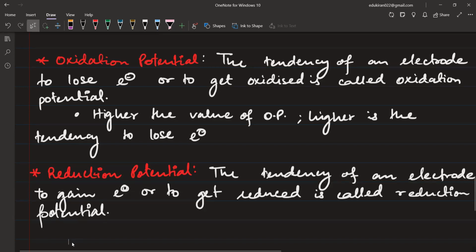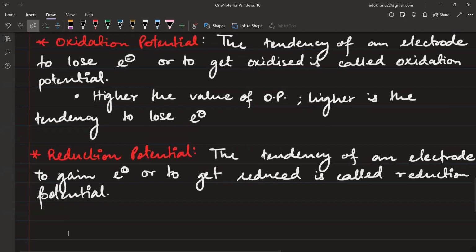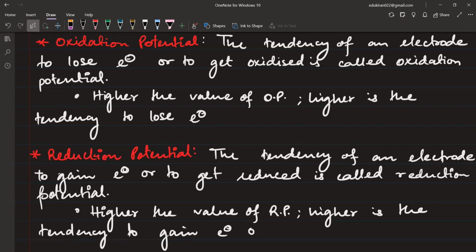Nawal, if it is spontaneous, it will have positive volts or negative volts? Yes, very good. Higher the value of reduction potential, higher is the tendency to gain electron or to get reduced.